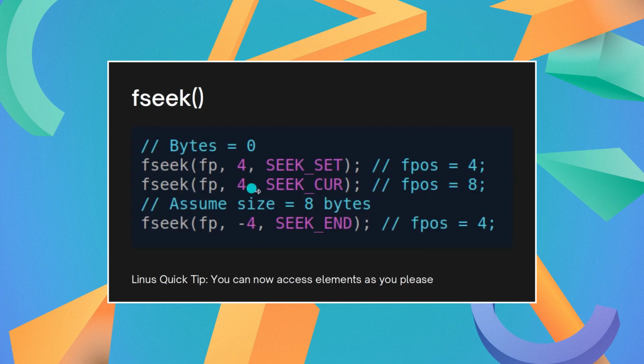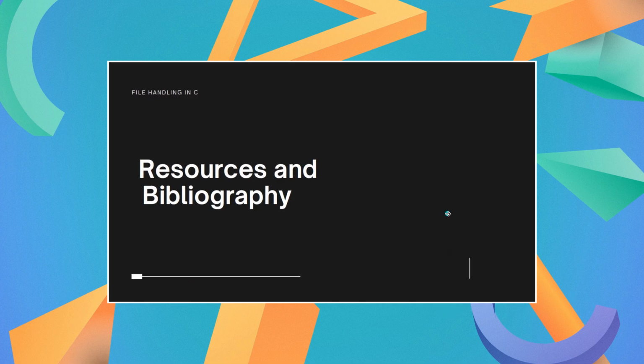We want to move 4 bytes relative to our current byte. And then right now, our current position is at 8. Now let's assume that the size of our file is 8, and we want to move from the bottom going back. So we use a negative value from the end, and we're back at the 4th byte position. And with this, using fseek, you can now access elements as you please.